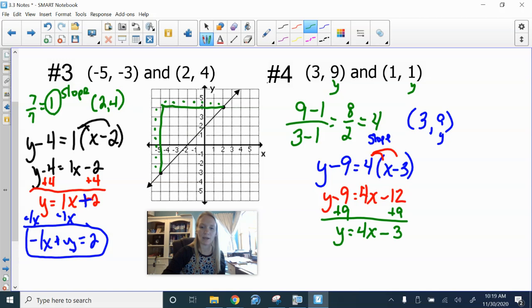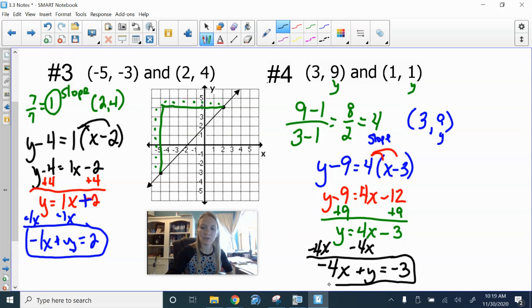So I end up with 4x minus 3. That's the biggest step. Distribute, move the number over. And then the last step is just to move my 4x. So because it's positive, I need to move it over, make it negative. Negative 4x plus y equals negative 3.